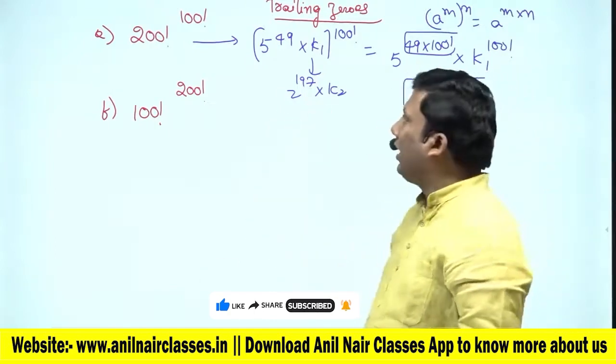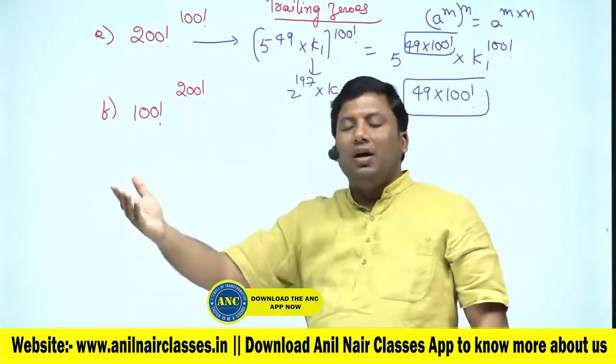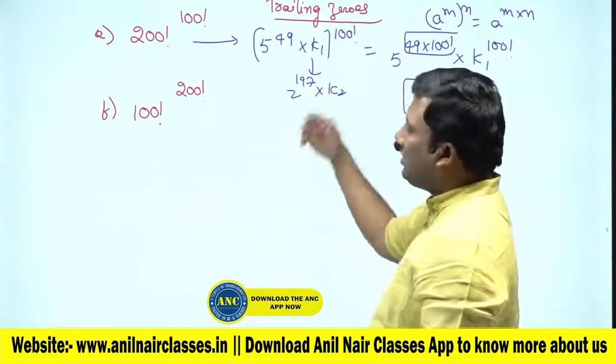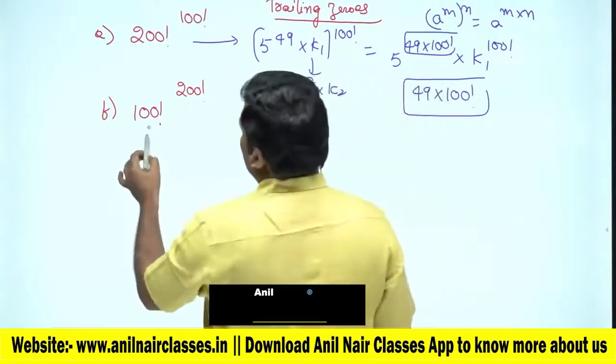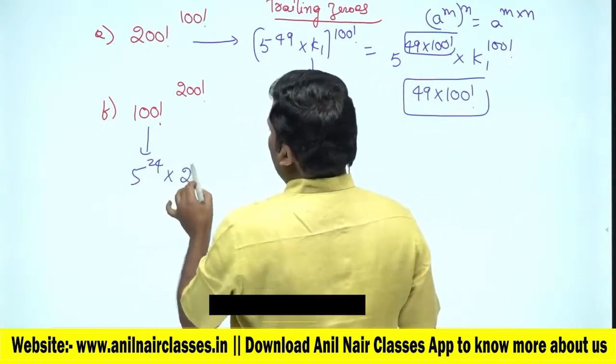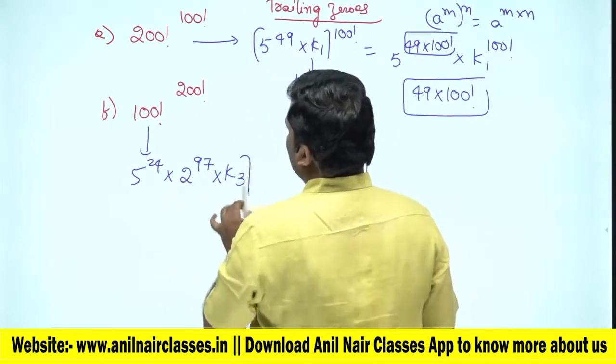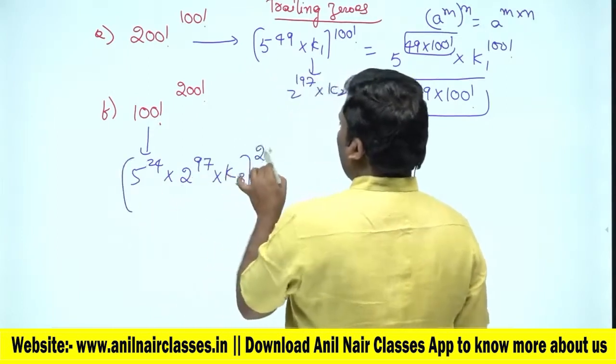Now for 100 factorial to the power 200 factorial: 5 power 24 into k1, all raised to the power 200 factorial. (a^m)^n is a^(m×n). So here it is 5 power 24 into 2 power 97 into k3, power 200 factorial. Am I right?